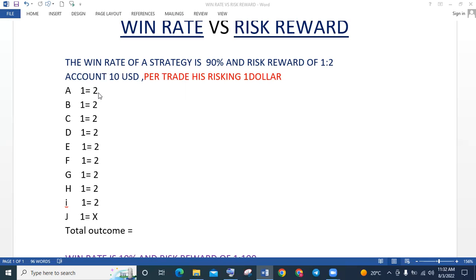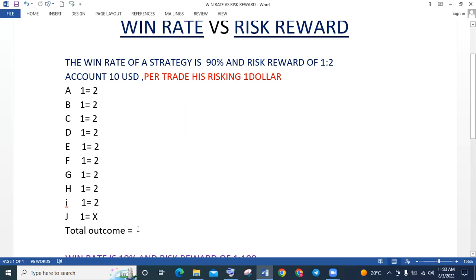So the first trade is going to make $2, second $2, third $2, until the 9th trade is going to make still $2. Since he's only going to lose 10% out of the 100%, he's going to lose only 1 trade, which is an X. So the total outcome of this person who is trading on a strategy which has a 90% win rate and the risk reward of 1 to 2, let's count: 2, 4, 6, 8, 10, 12, 14, 16, 18.